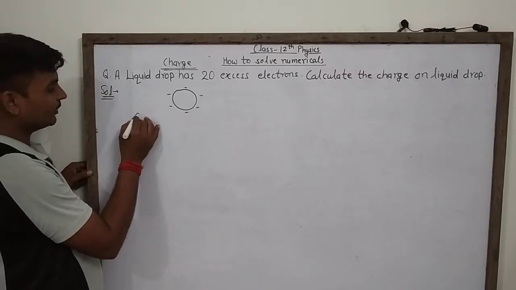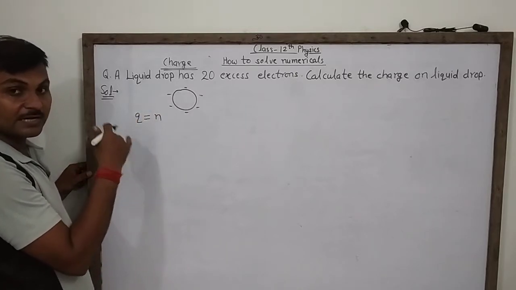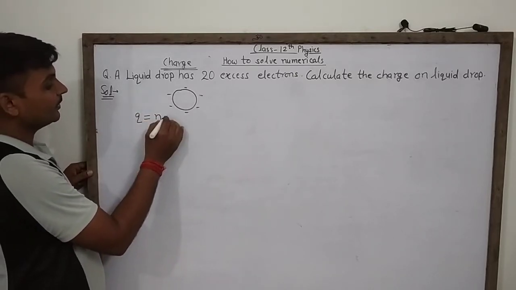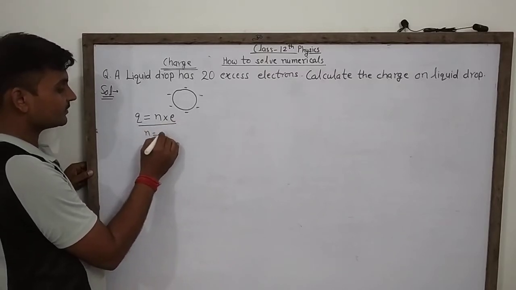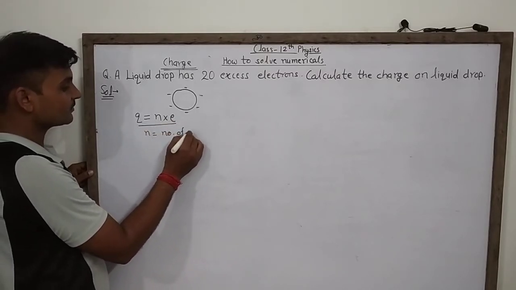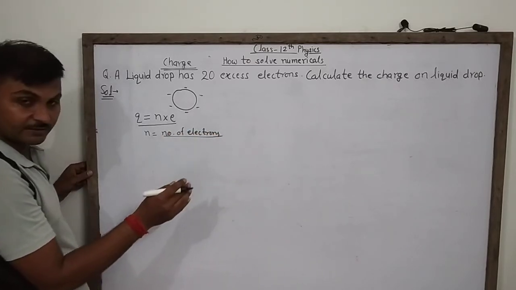You know the formula: charge Q is equal to the number of electrons transferred N into elementary charge E. N is the number of electrons which are transferred.